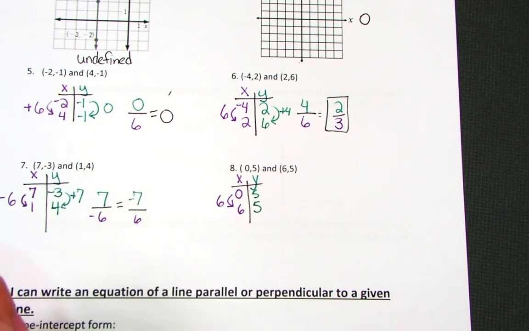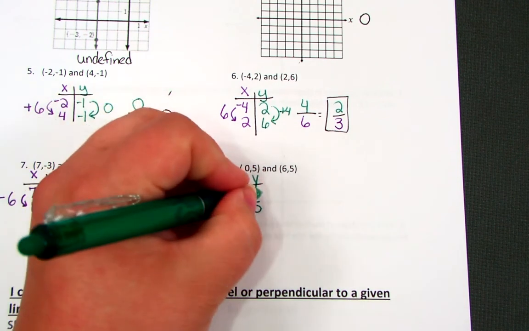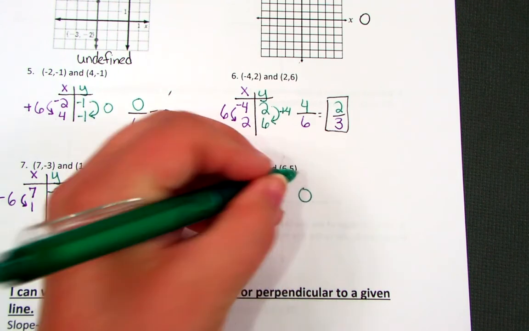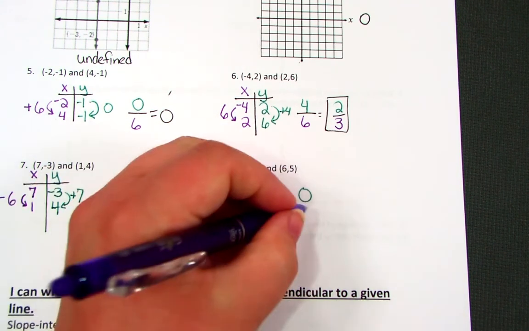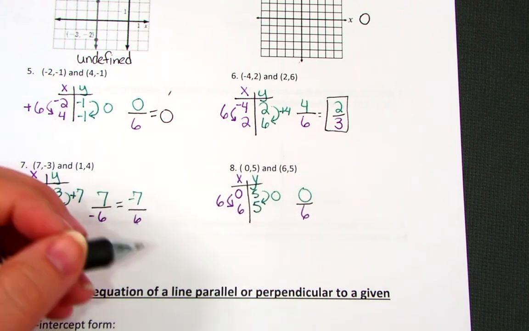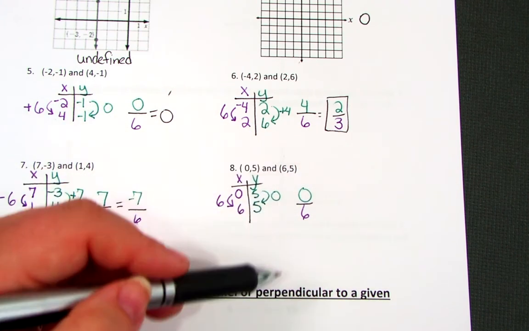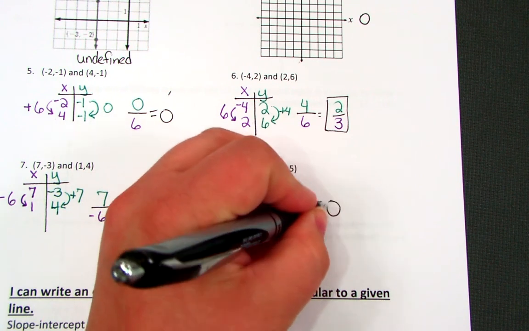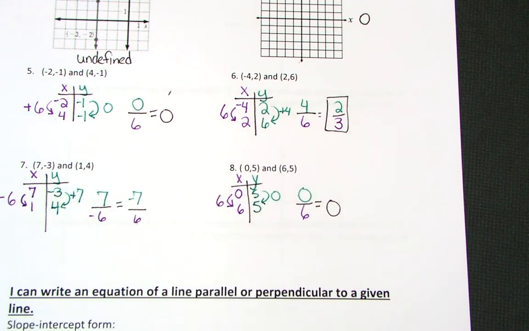I go up 6. How do I get from 5 to 5? I don't move. So I have 0 on top and 6 in the denominator, which we know is okay, to have 0 on top because the answer is just 0.